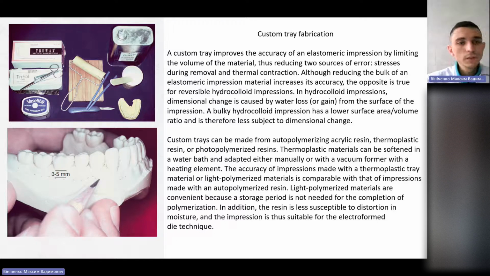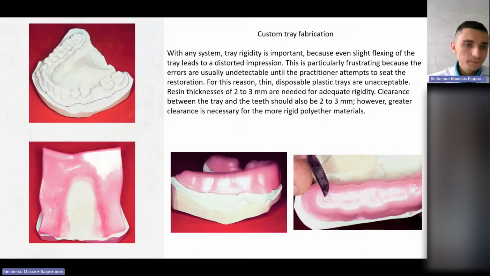In our country, in Zaporizhzhia, we use a custom tray only when we make removable prosthetics. For example, if we make orthodontic appliances, we don't need to make this custom tray. If we make crowns, for example, or implants, we don't need custom tray fabrication. So the custom tray we make only for removable prostheses.